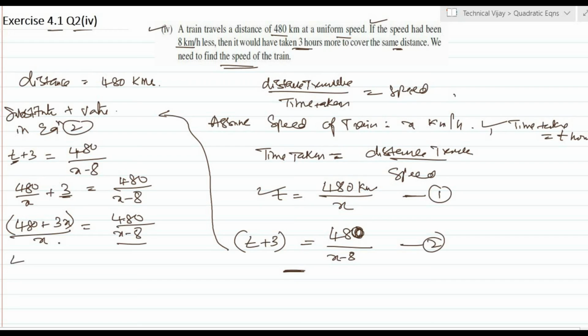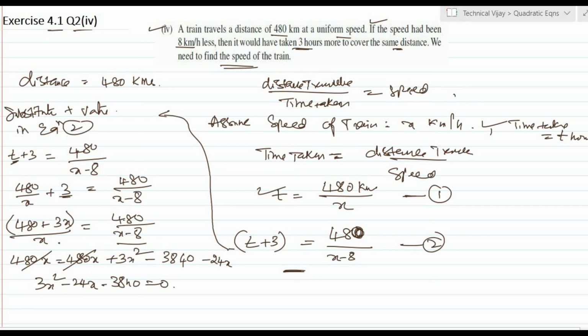So here 480x is equal to x minus 8 into this one, that is 480x plus 3x square minus 8 into 480, that is 3840, minus 8 into 3, 24x. So now here you see 480x and 480x get cancelled. So whatever the remaining, that is 3x square minus 24x minus 3840 is equal to 0.